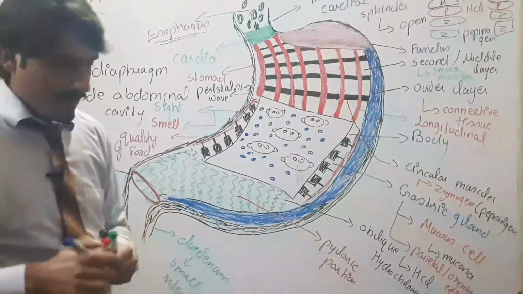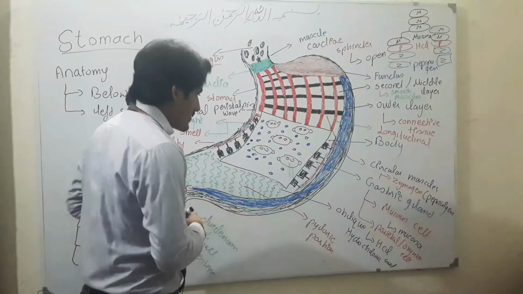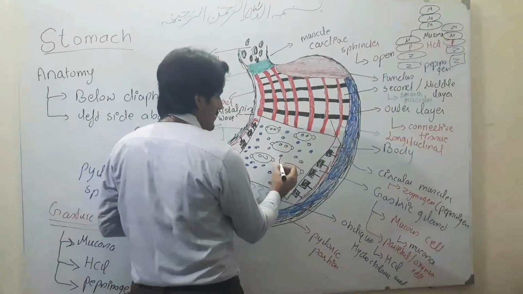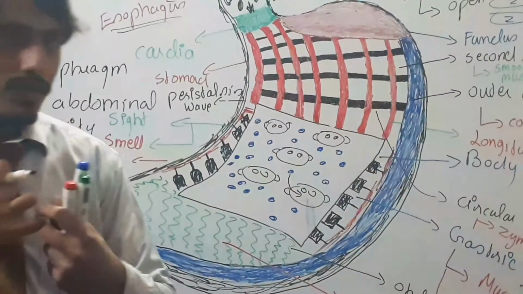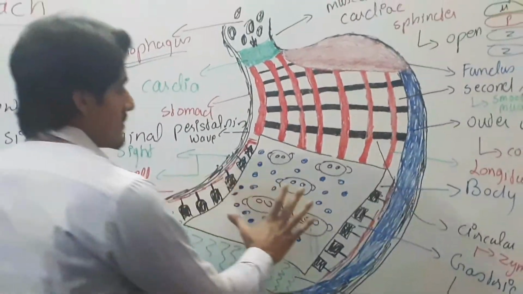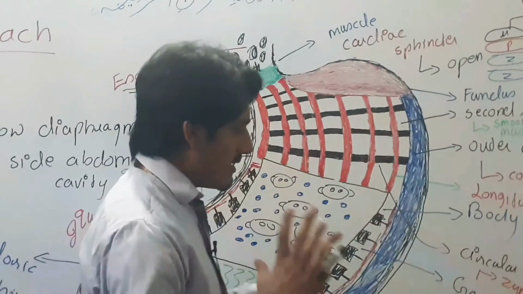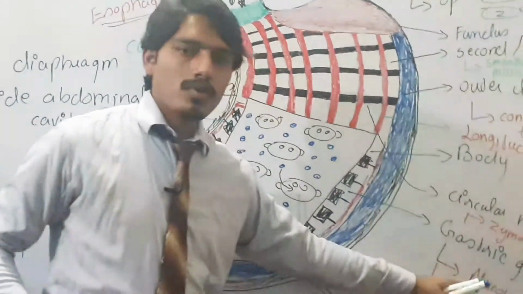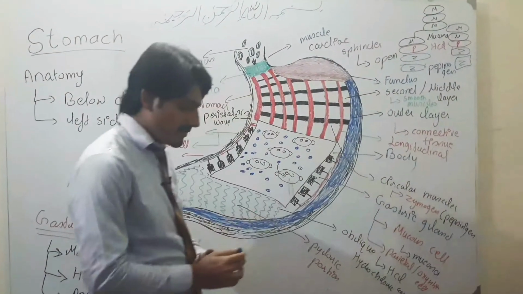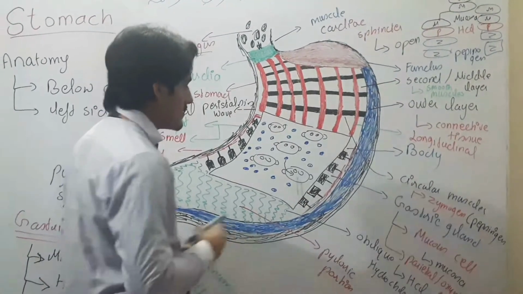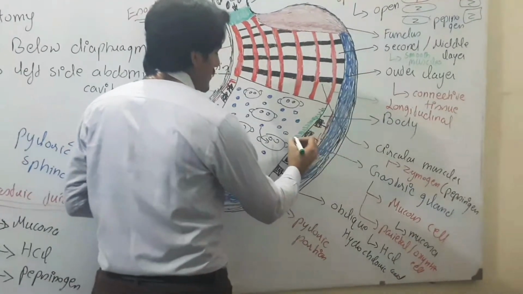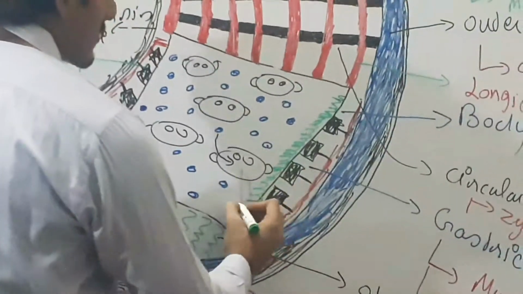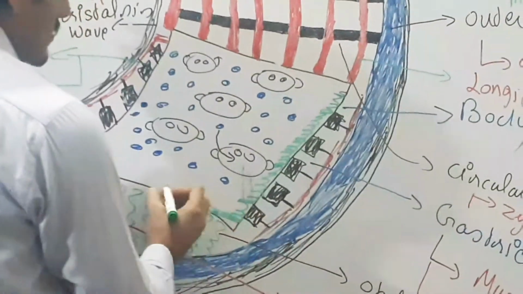Okay, when the food particle is absorbed, it will meet the gastric juice. I talked about that. First of all there is the mucous cell. The mucous cell secretes mucus. The mucus lines the inner lining of the stomach wall.